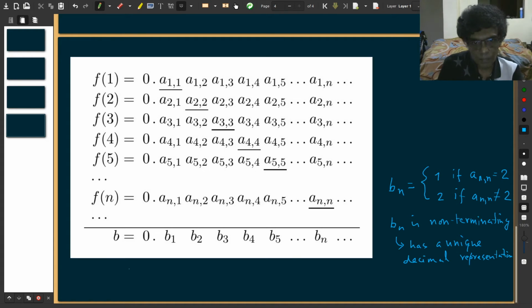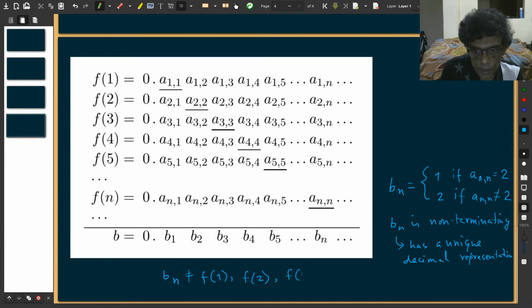Moreover, b is not equal to f1, b is not equal to f2 because it differs from this, f3 differs from this, and in general fn for any n.